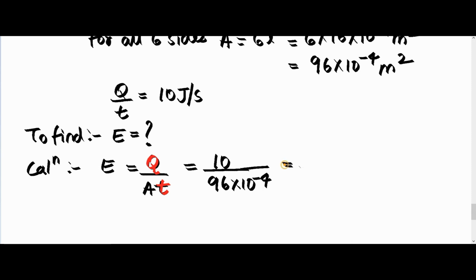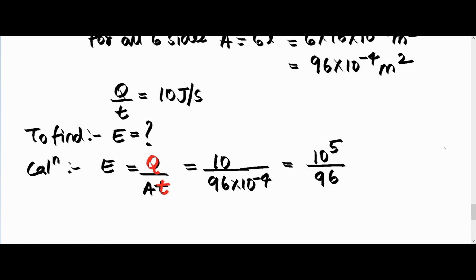So now if we do some mathematics here, if we take this 10 raised to 4 in the numerator, then it will become 10 raised to plus 4. Already there is 10, so 10 raised to 1 plus 4 is 10 raised to 5. So 10 raised to 5 in numerator upon 96 in denominator.